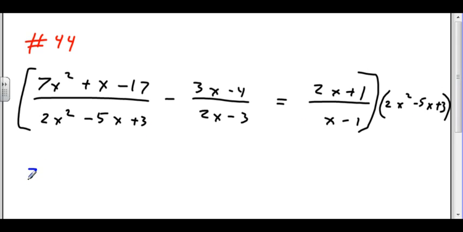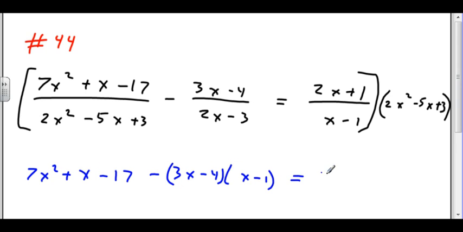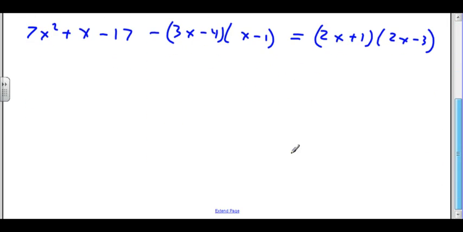Okay, so I'm going to get 7x squared plus x minus 17 minus 3x minus 4 times x minus 1 is equal to 2x plus 1 times 2x minus 3. And that makes the problem so much easier.